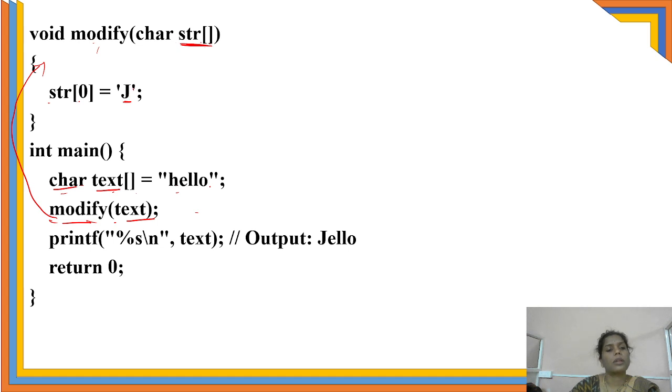So in hello they want to update h as j. Whether it will be done or not? Because we are sending the address, not the value, right? So by passing the address we can reflect the changes to the main function. So the output will be this one: h was modified to j.